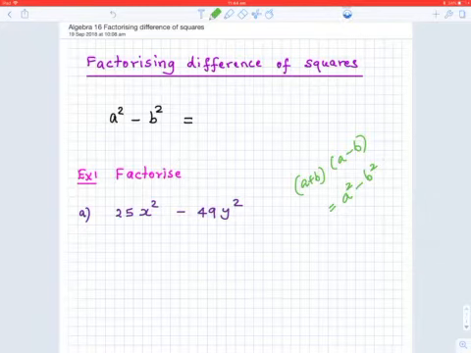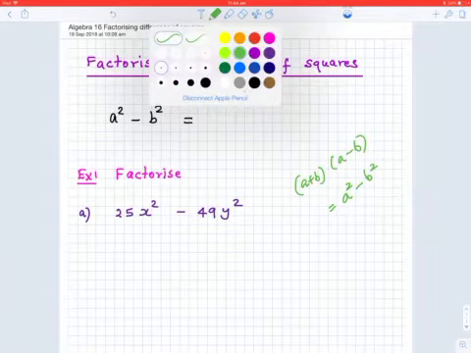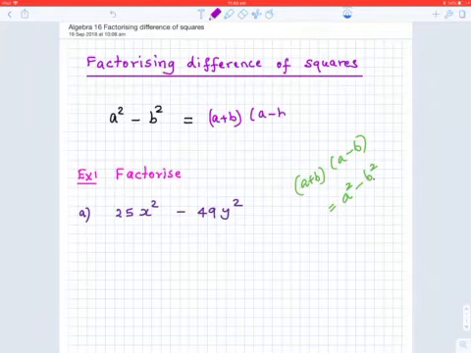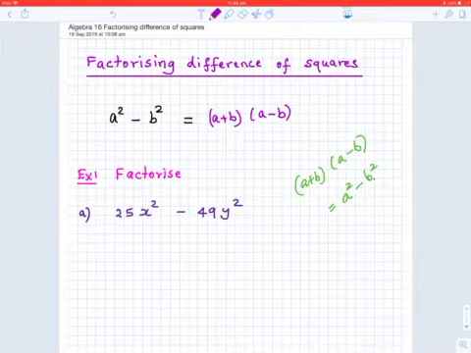Now we are factorizing, so we are going in the other direction. So a squared minus b squared equals a plus b times a minus b. This is the only formula we are going to use today to do a few questions.